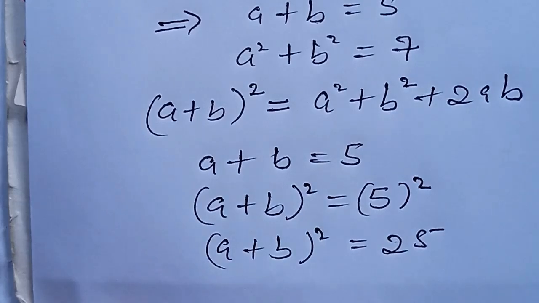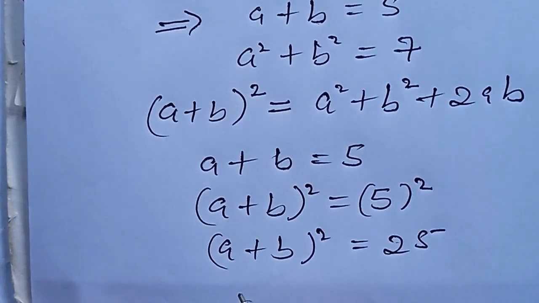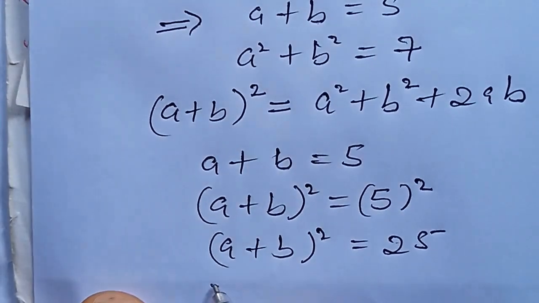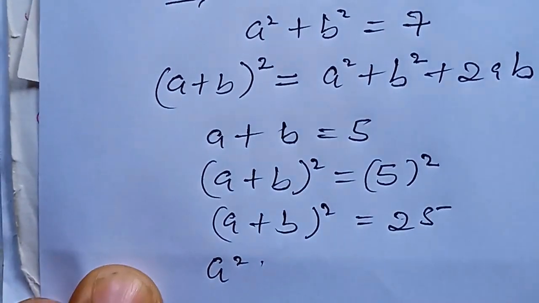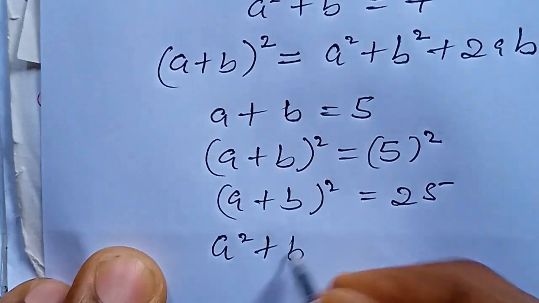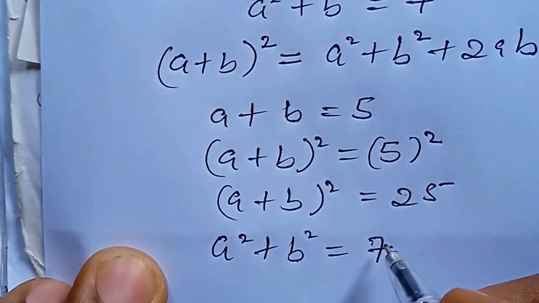Likewise, from equation 3, we have that a squared plus b squared equal to 7.